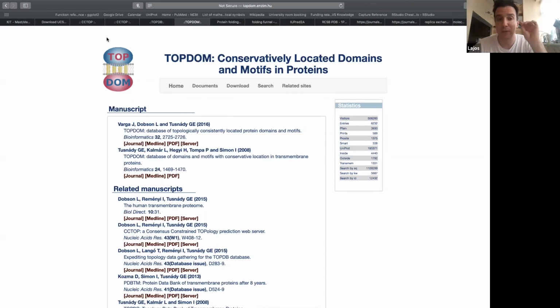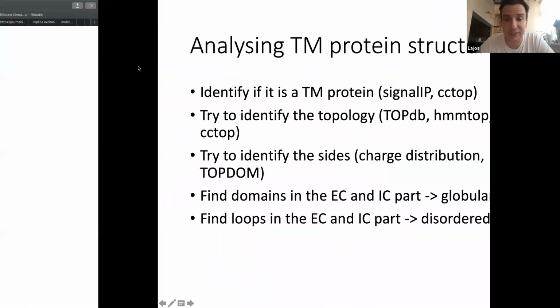So if you can identify a domain or a short sequence that is always extracellular, and you have it on your protein, then it maybe helps you to identify the outside and the inside of your protein.